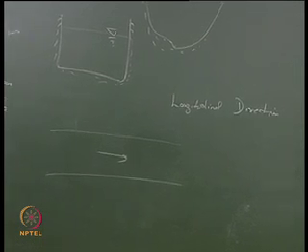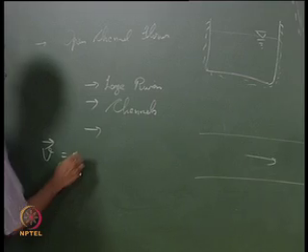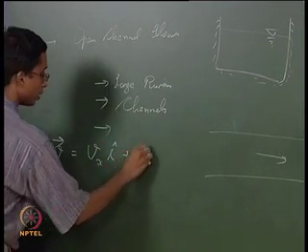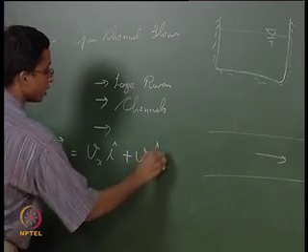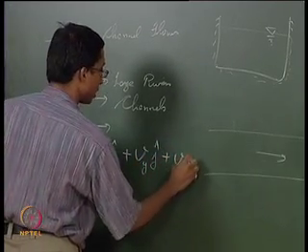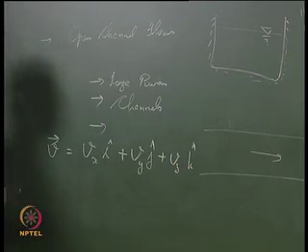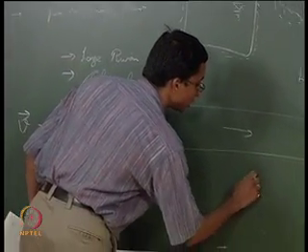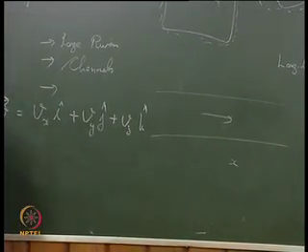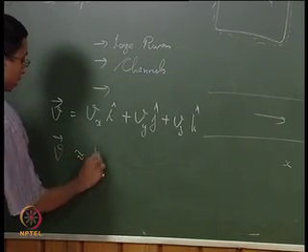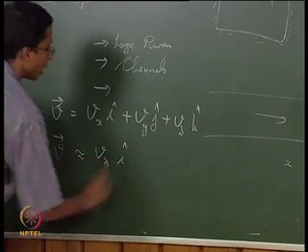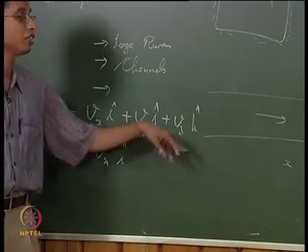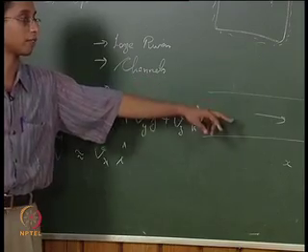If you take velocity as a vector, V is equal to v x i plus v y j plus v z k. If your longitudinal direction is given as x, then predominantly your velocity vector can be approximated as v x i, because v y and v z are almost negligible in most cases.